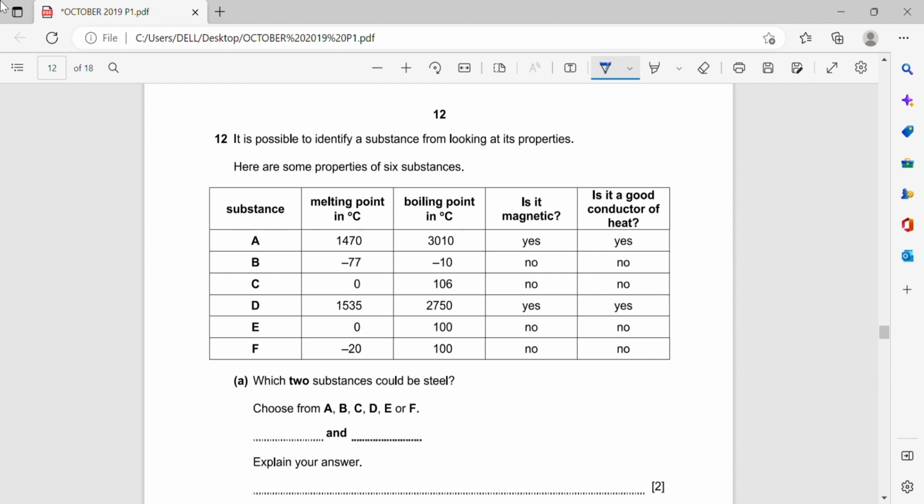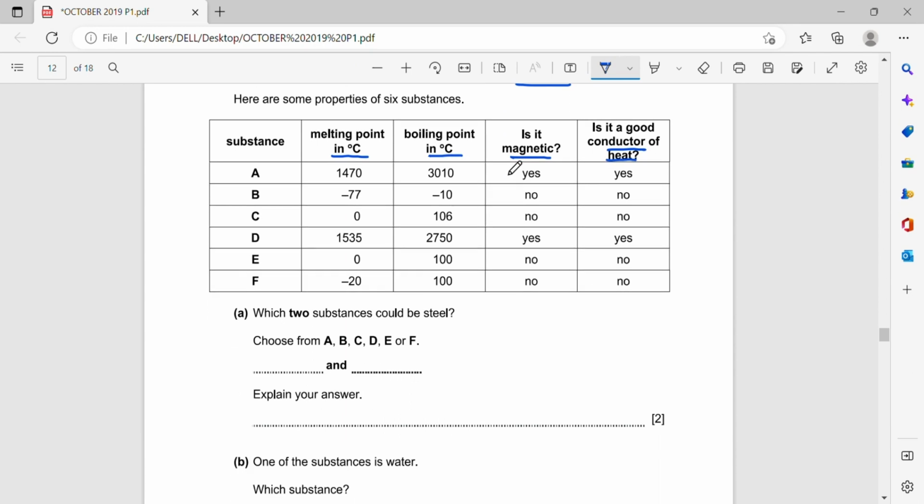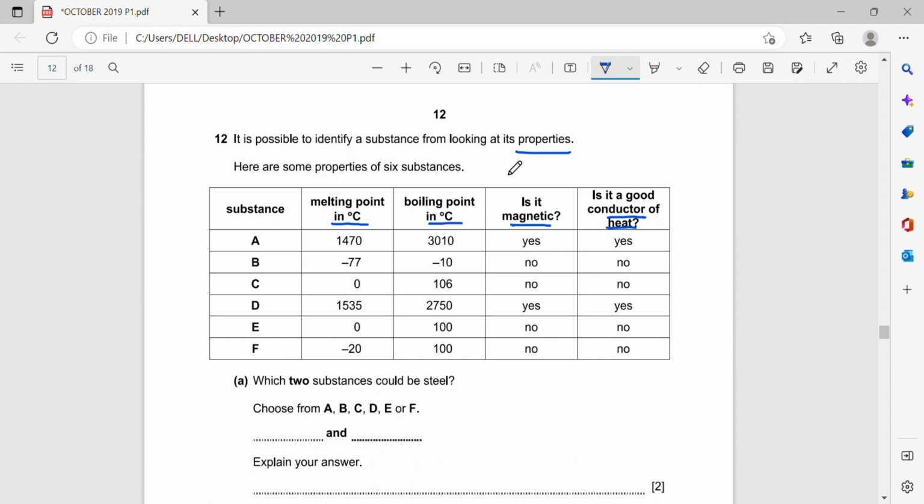Next question 12. It's possible to identify a substance from looking at its properties. Here are some properties of 6 substances. So I have 6 substances and different properties: melting point, boiling point, is it magnetic or not, good conductor of heat or not. Which 2 substances could be steel?